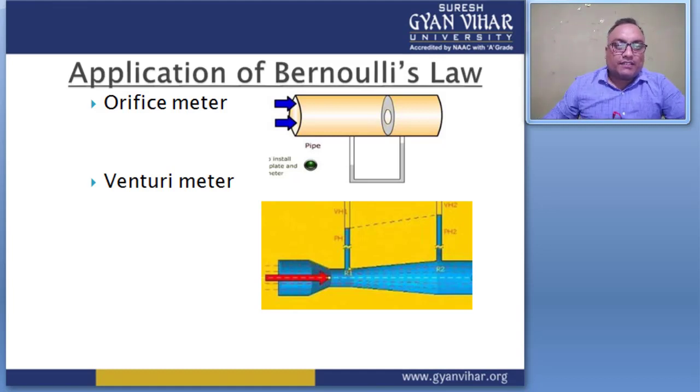This device consists of three sections: first the converging section, this is the throat, and this is the diverging section of the pipe. Here is the pressure head at this point, and this is the pressure head at this point also.